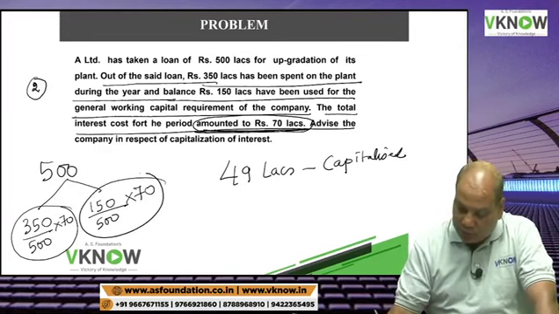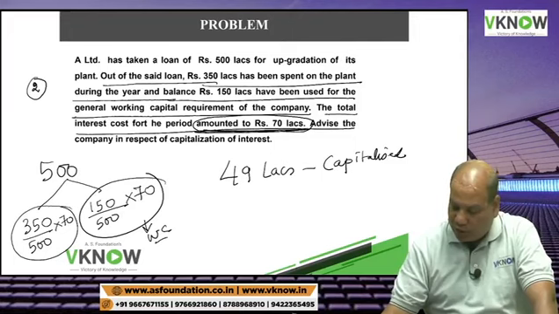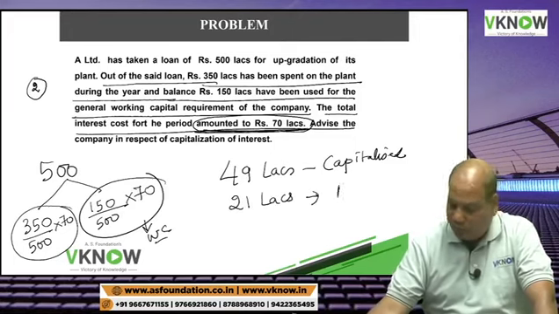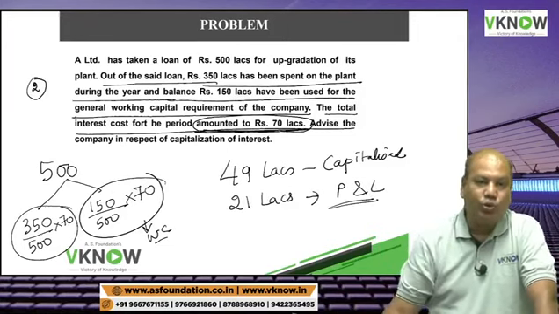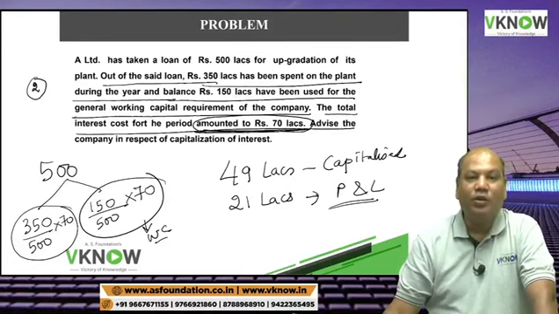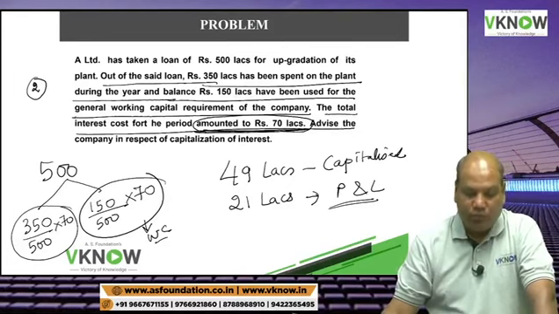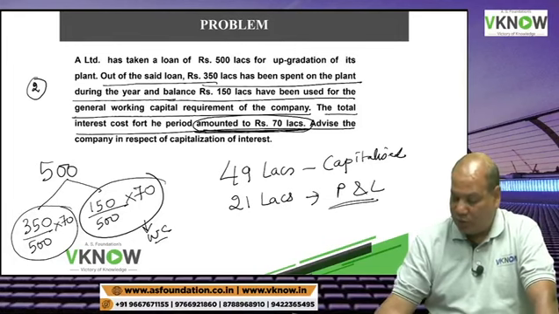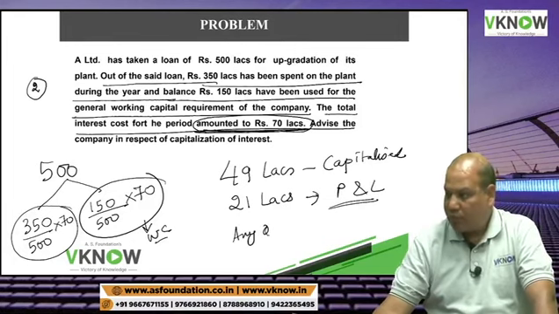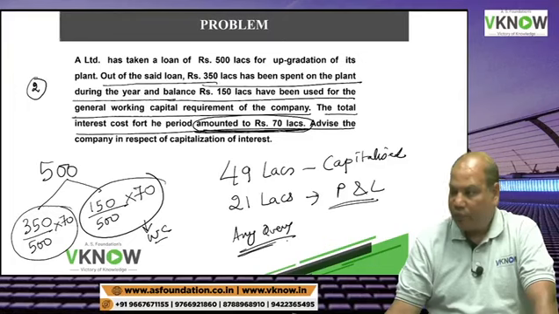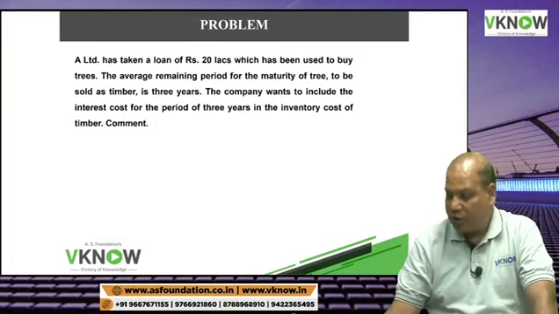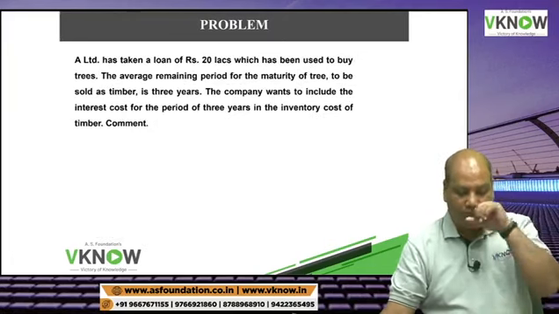But the portion which is for working capital, which comes to 21 lakh, will be charged to profit and loss account. Any query? Is this answer right? 49 lakh capitalize. Tanya is right. And 21 lakh will be charged to P&L account.